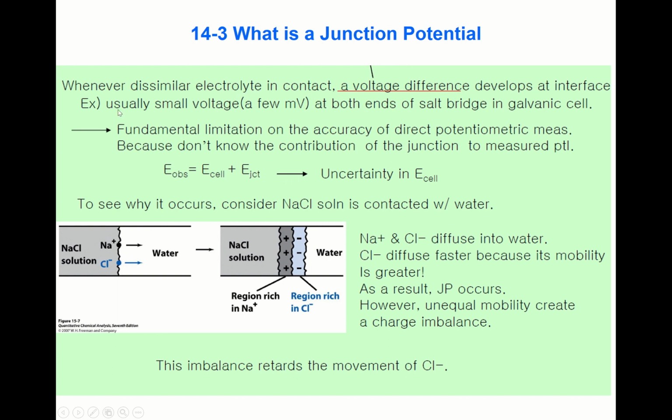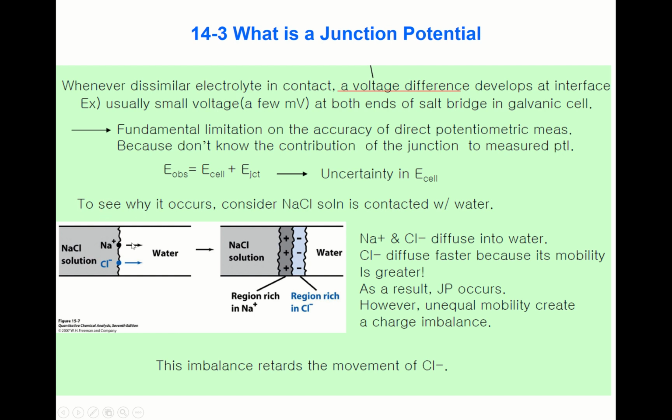The existence of junction potential puts a fundamental limitation on the accuracy of direct potentiometric measurements. Why? To measure this junction potential, you put two probes from the voltmeter here and here.